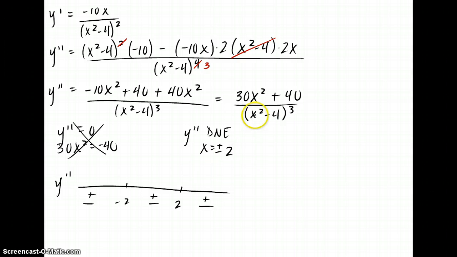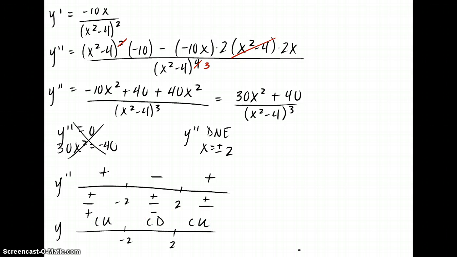If we plug -3 in, 9 minus 4 gives me a positive, making that interval positive. If we plug in 0, it'll make the denominator negative. And then this last interval will again be positive. So we have concave up, concave down, concave up.